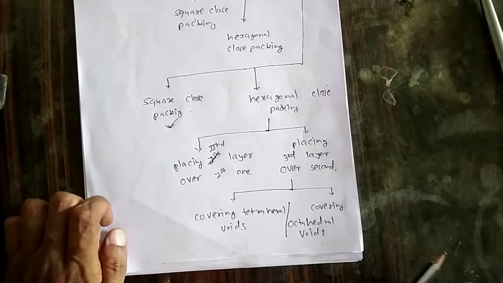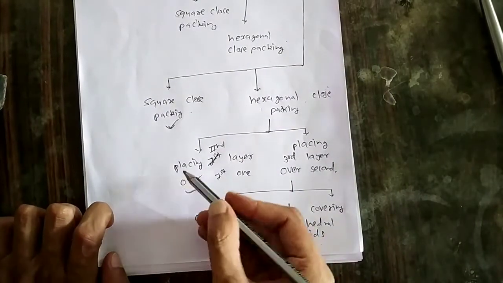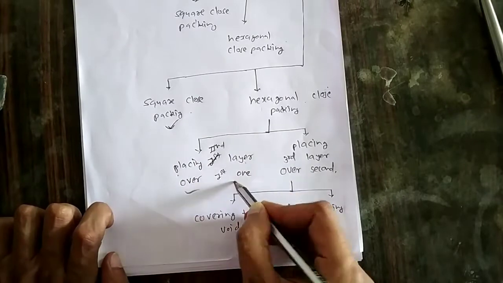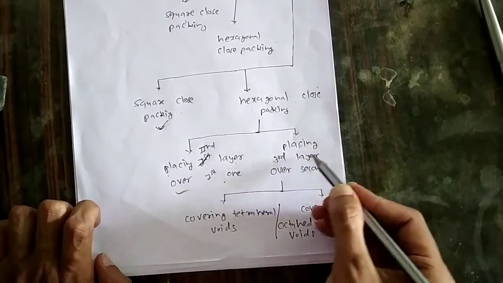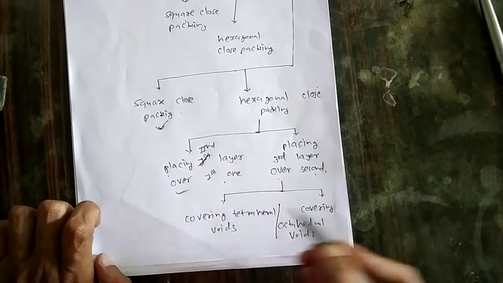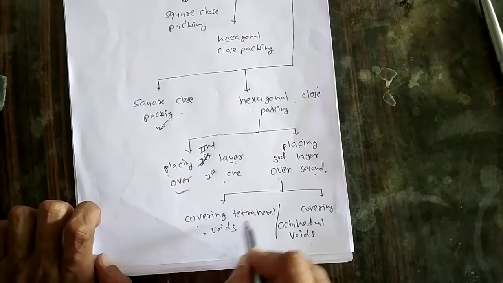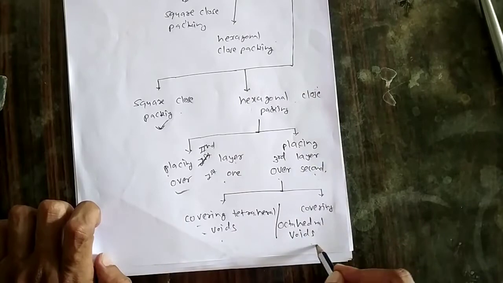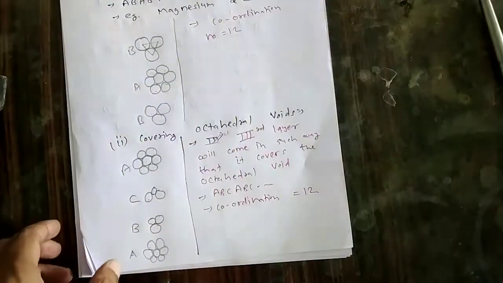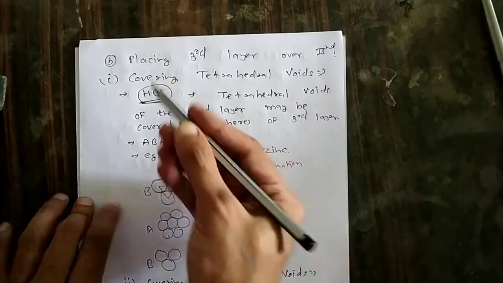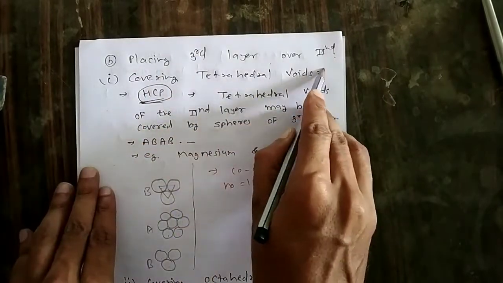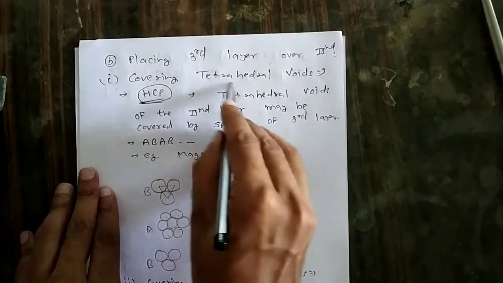Now we discussed placing the second layer over the first one. Now the last one is placing the third layer over the second. Now it has 2 subtypes: covering tetrahedral void and covering octahedral void. So for that, look here. Placing the third layer over the second, in that the first one is covering tetrahedral void.